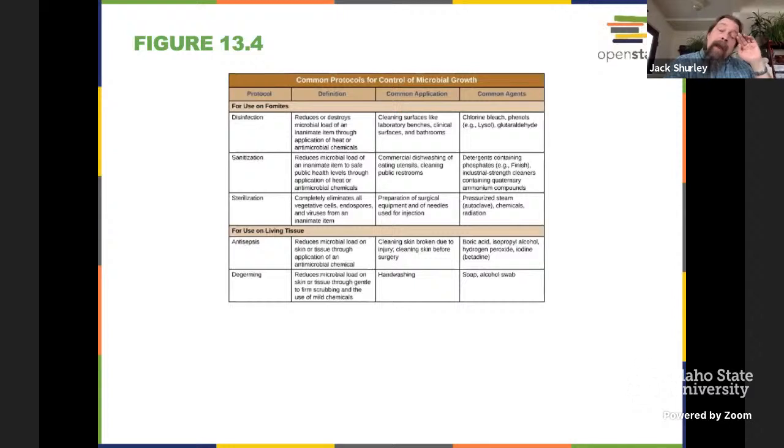And so we may treat these things a little differently than if we start thinking about your own skin, right? And oftentimes the level or the concentration of some of these substances is considerably greater than you would think about using on your body, right?